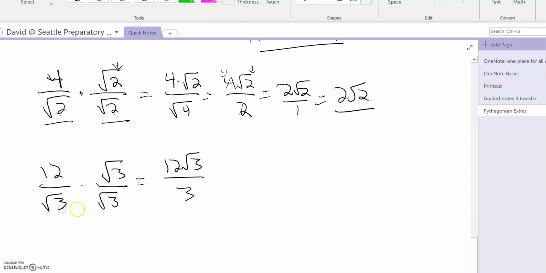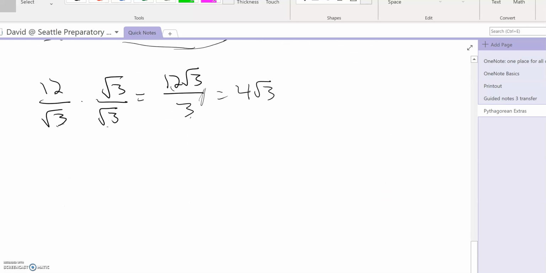A lot of people get used to this and skip that step: they just recognize that square root of 3 times square root of 3 is 3, and go straight to the end. Simplify, remember, don't cancel these two, cancel the other ones, and so 12 over 3 is 4 root 3.